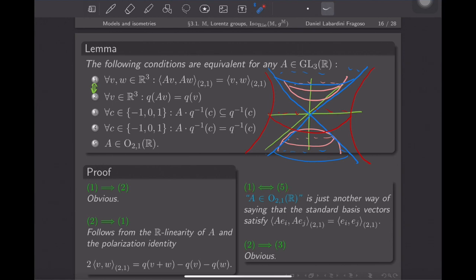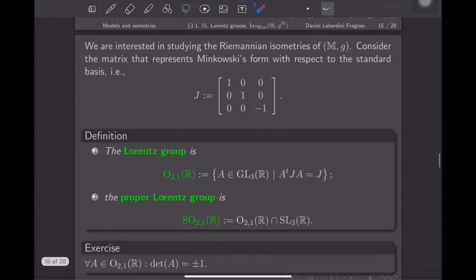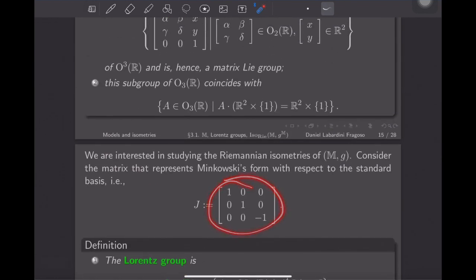Well, for instance, that 1 implies 5 is really obvious, because if this happens, then in particular it happens for the standard basis vectors. But for the standard basis vectors, the pairings are precisely the entries of this matrix.